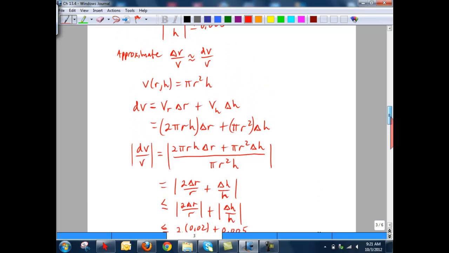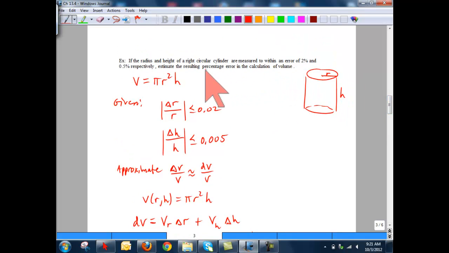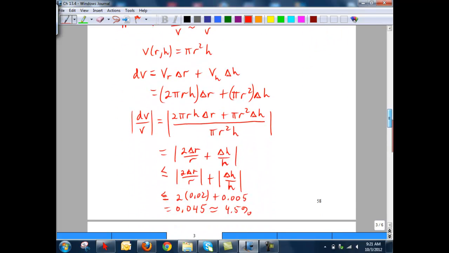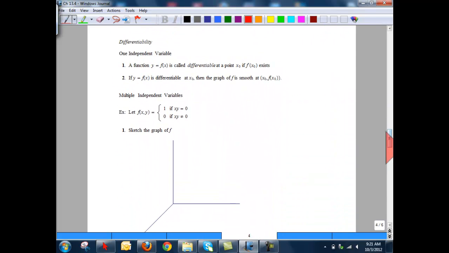Notice that I really couldn't compute delta V in this problem because I was never given numbers, a specific value for the radius and for the measured height. Okay, so that's one application problem for differentials, and now let's go on and talk about the very much related concept of differentiability. Review again from Calc 1 for just a moment.